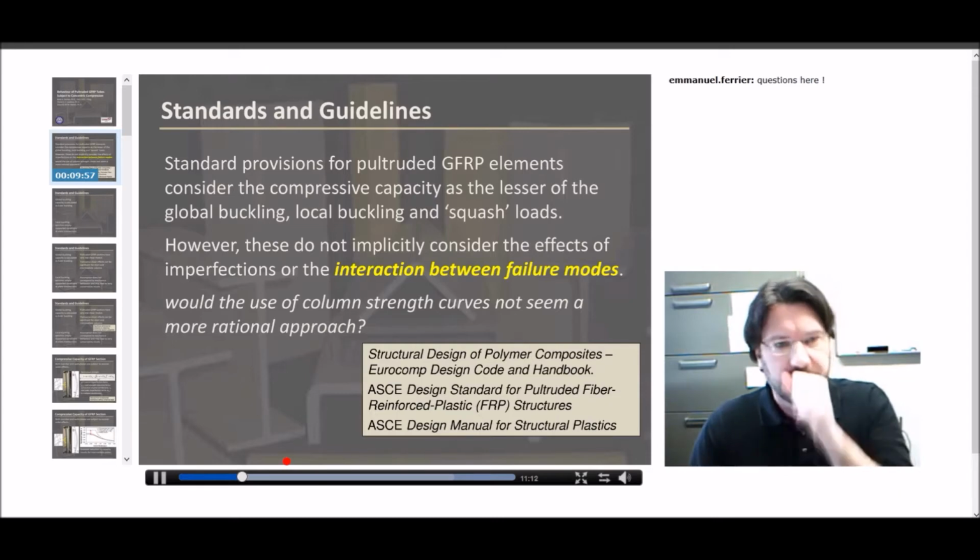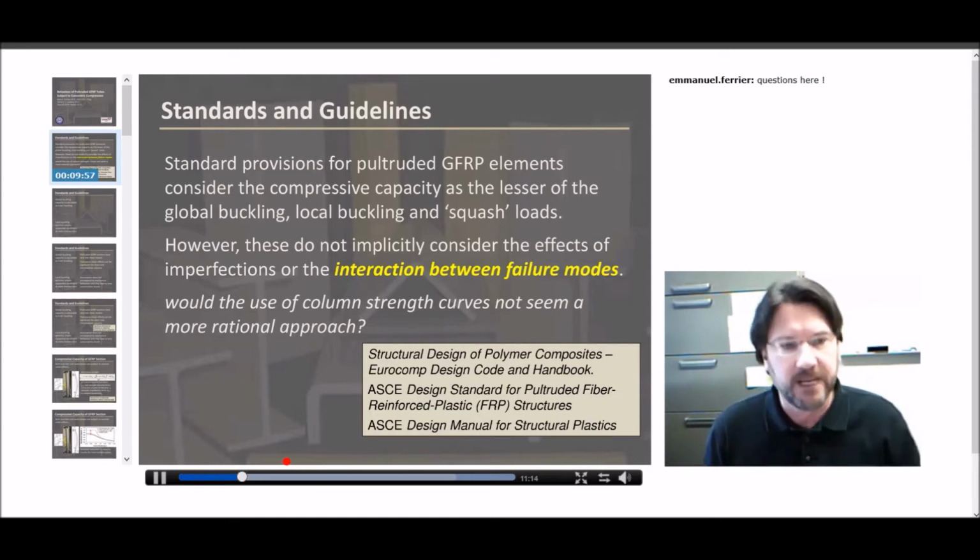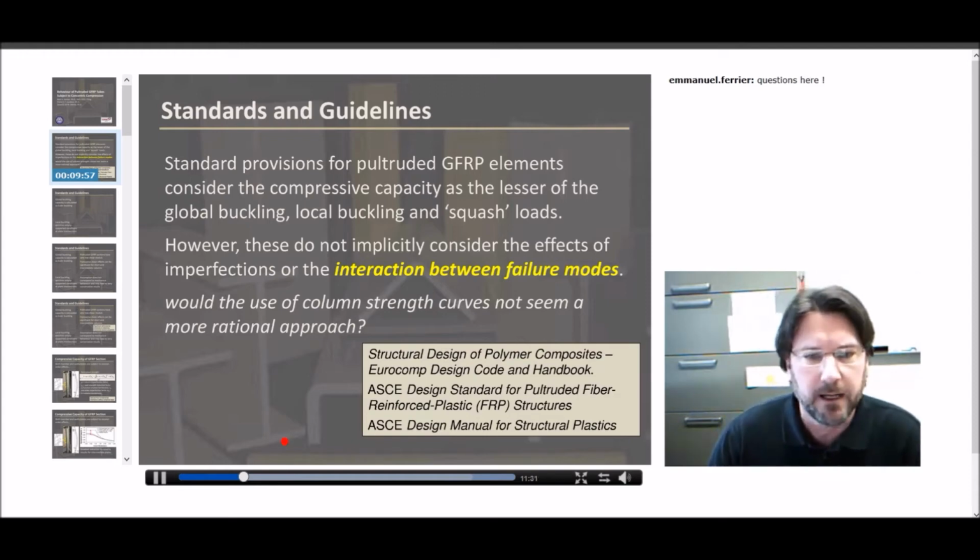We take a limit states type approach, and typically we look at the limit state of a compression member as being the least capacity associated with the calculation of global buckling, local buckling, and then the squash load if we've got very short members.